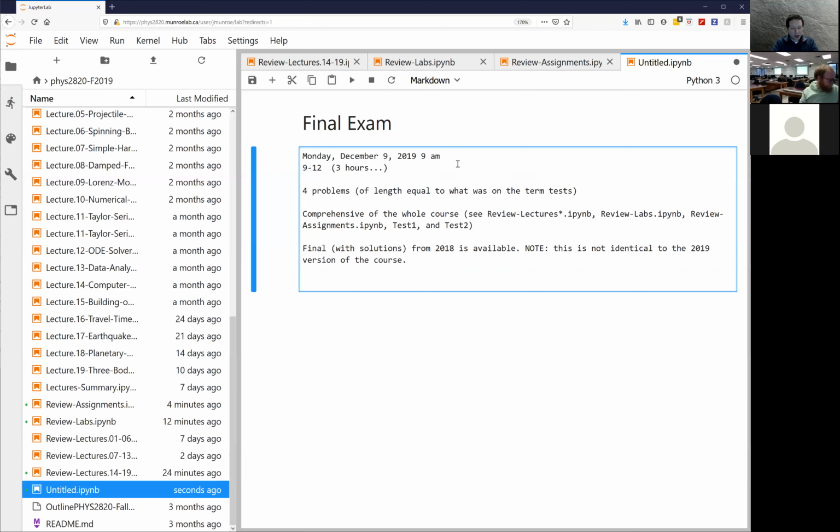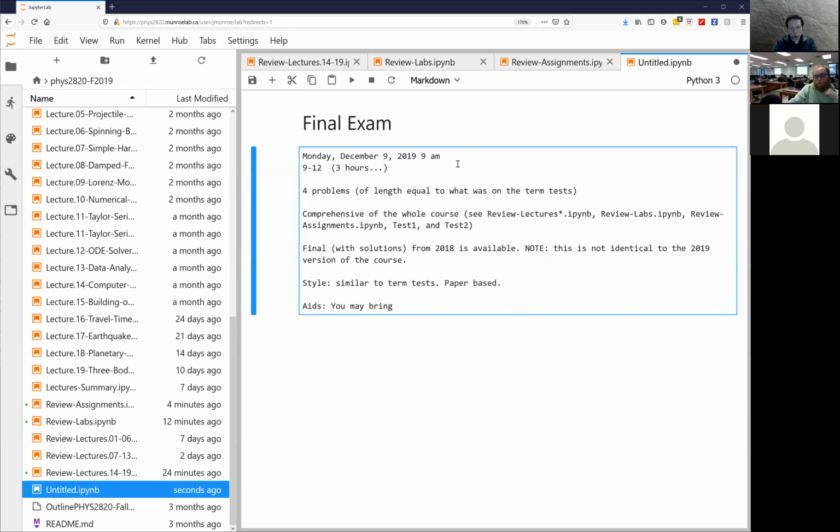In terms of the style, same idea as the term tests. Paper-based. We're not going to try and do computers. In terms of aids, they bring 1 2-sided sheet of notes, hand-written or typed, I don't really care, but you're more than welcome to bring in things that your brain isn't holding on to.